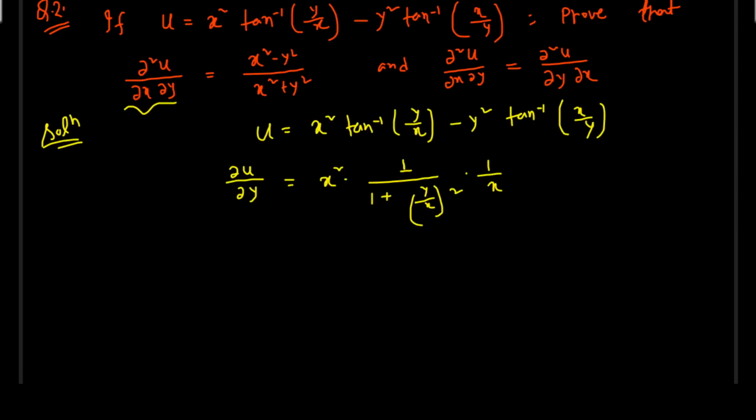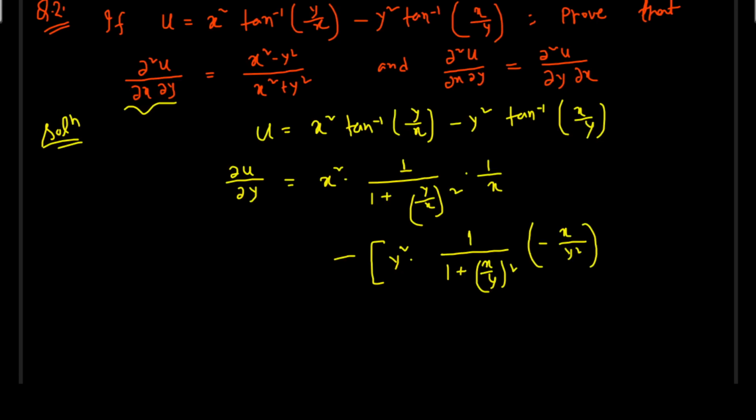Okay, so it will be minus, taking y square first as constant, the differentiation of tan inverse x by y will be 1 over 1 plus x by y whole square, but the differentiation of x by y with respect to y will be minus x by y square, because the differentiation of 1 by y with respect to y is minus 1 by y square.